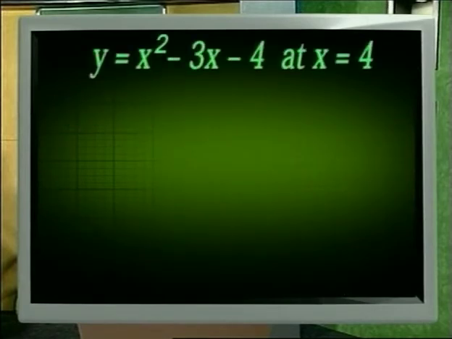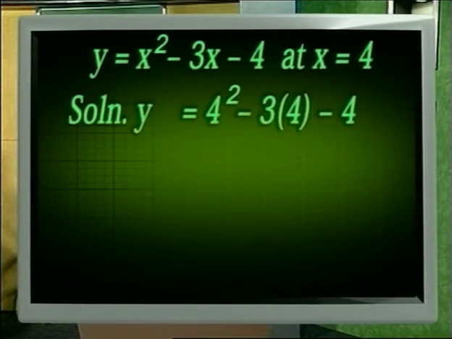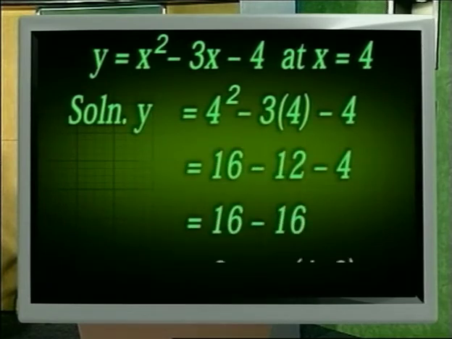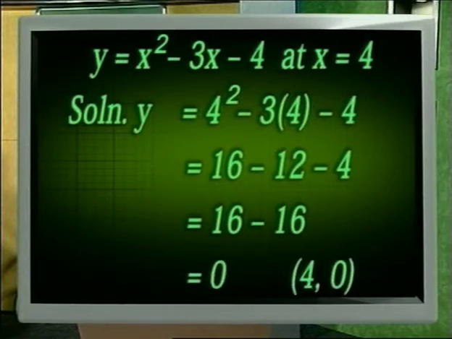Now we take one more value, we take x as 4. By putting the value of x as 4 in the equation x square minus 3x minus 4, we get 4 square minus 3 into bracket 4 minus 4, which gives you 16 minus 12 minus 4 equals to 16 minus 16. Answer is 0.